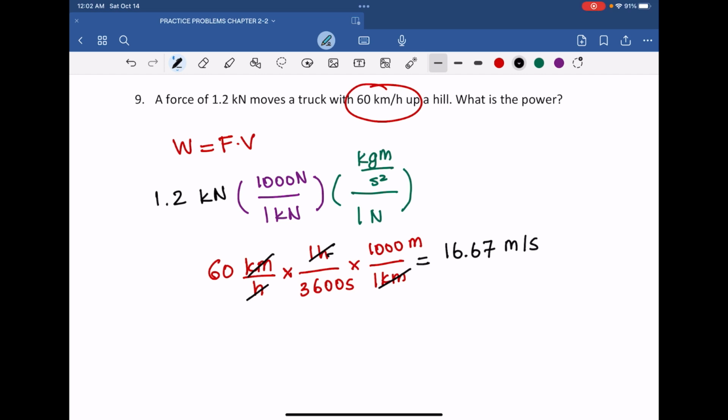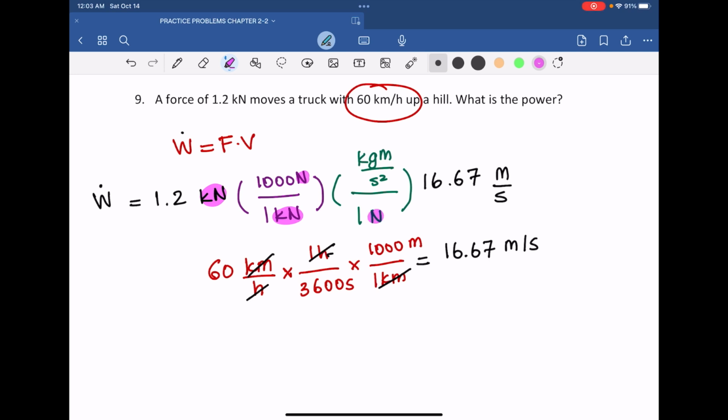As we continue with our power calculation, we can now add 16.67 meter per second. Now you need to take a look at the units here. Let's choose a different color, maybe this. So this cancels out, this cancels out.